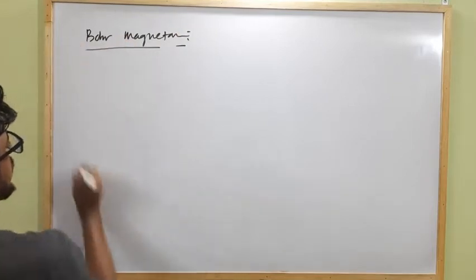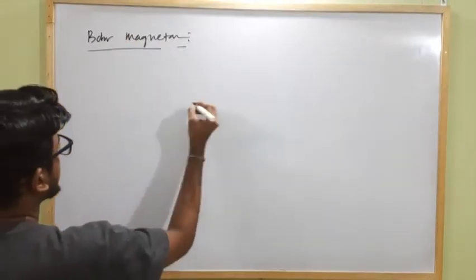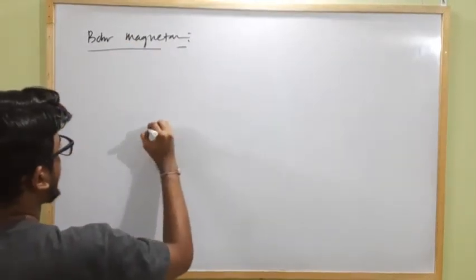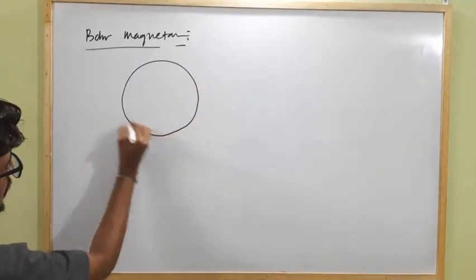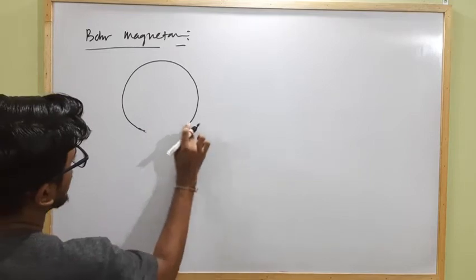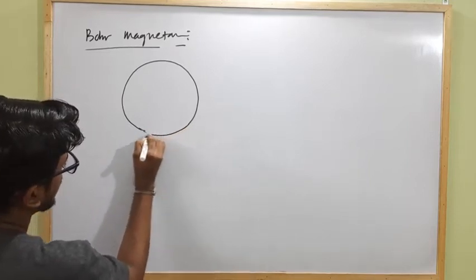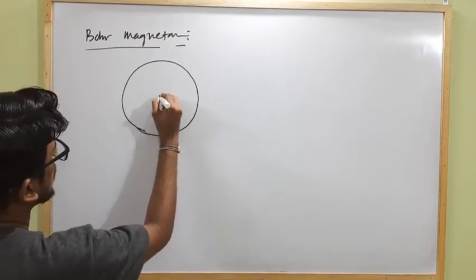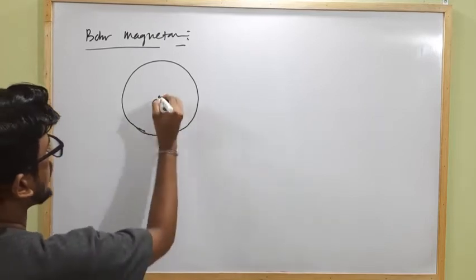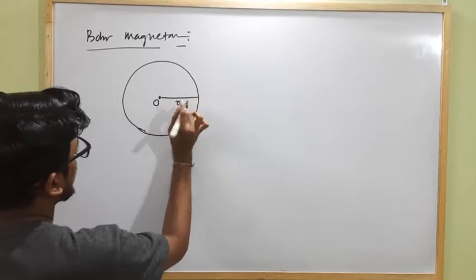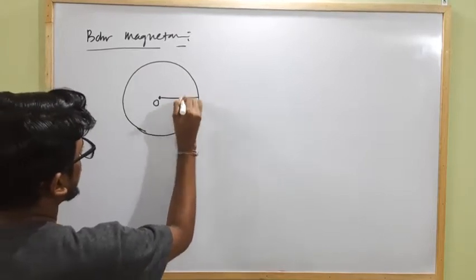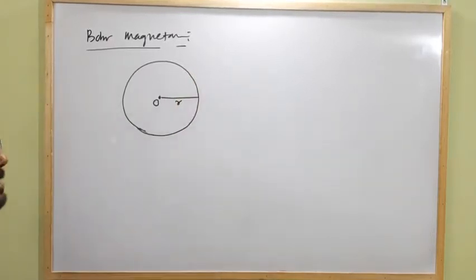So what is Bohr magneton? So first let's consider a circular orbital path. Okay, this is a circular orbital path. O is the center of the orbit, and R is the radius of the orbital path.